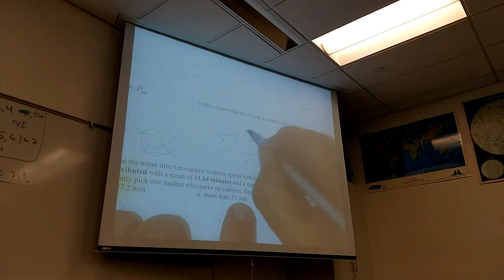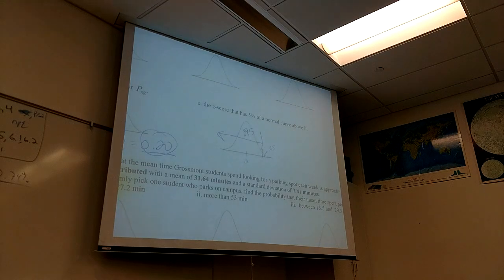So if the z-score has 5% above, what percent does it have below? 0.95. Now try to look that up in the chart and see what you get for a z-score. Don't say it out loud. This one's going to have a little interesting thing happen.